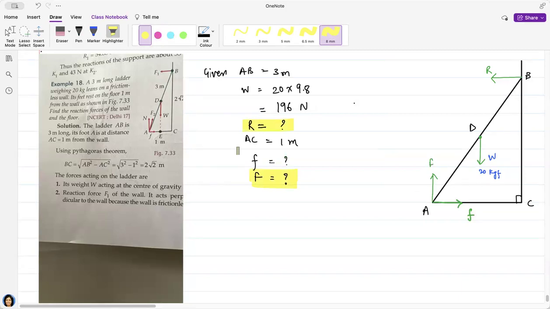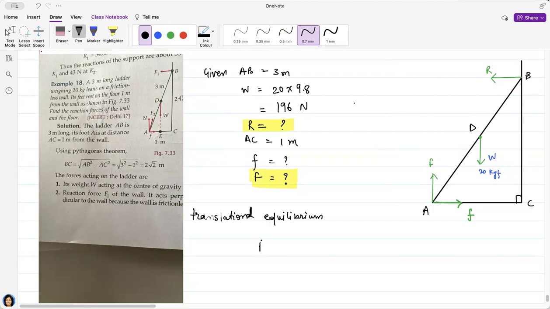Now, same as we have done in the previous question, my ladder is not moving anywhere. It is in equilibrium, so it will have translational as well as rotational equilibrium. Let's first talk about the translational equilibrium. Is the ladder going up or down? No. So all the forces acting upwards are equal to all the forces acting downwards.